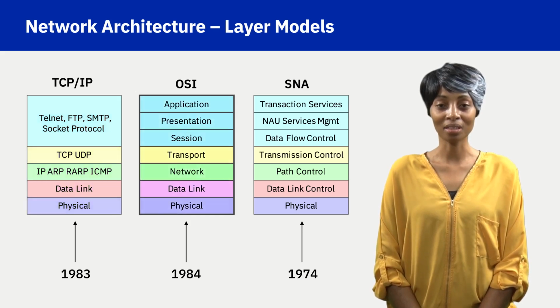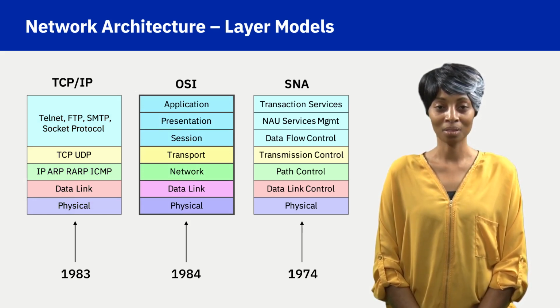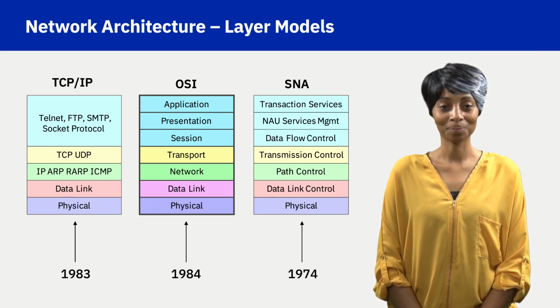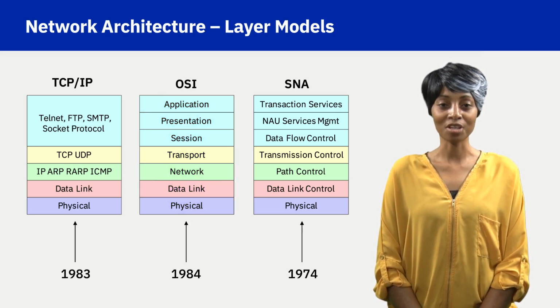The middle 7-layer model, labeled OSI, is the Open Systems Interconnection model, published by the International Standards Organization in 1984. So what existed for networking in the mid-1980s was SNA and TCP/IP.